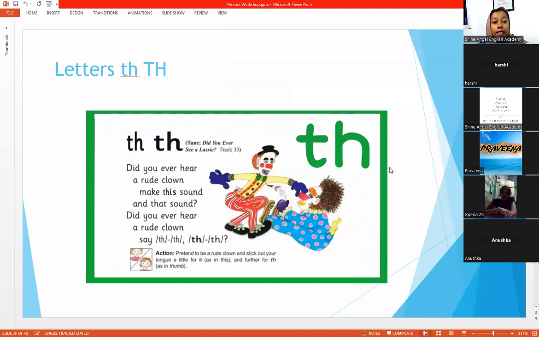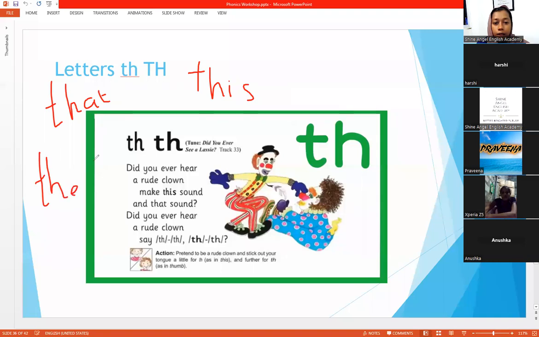So here, the, the. Now, for example, say the word this, that, the. We use the first one, the, and the other one is two. This is the softer, soft, and this is a hard one.